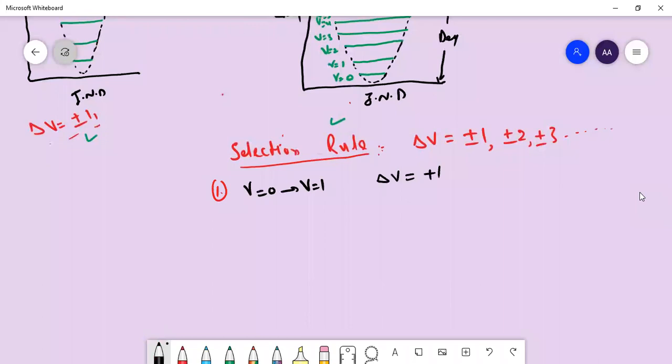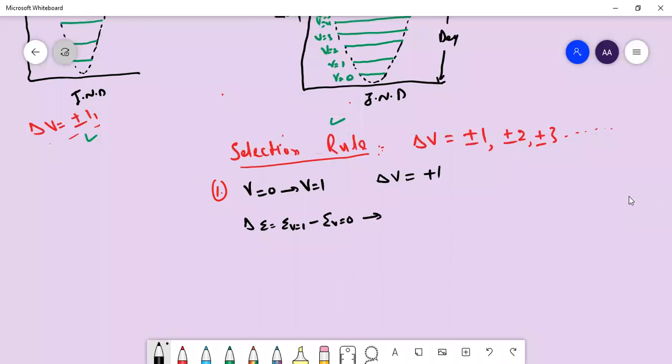So the first transition we will get with a considerable intensity, and to find the value of the energy, what we have to do is make E1 minus E0. So what I have to do here is E(v=1) minus E(v=0).